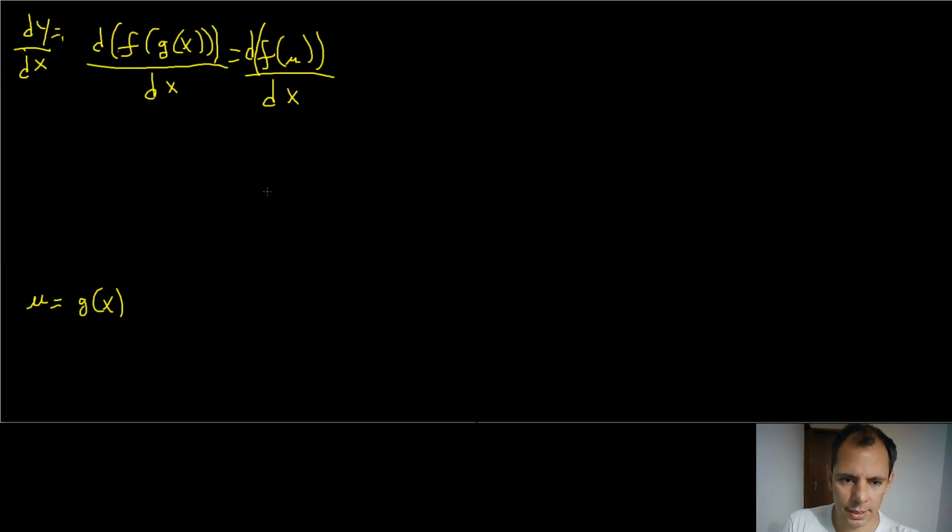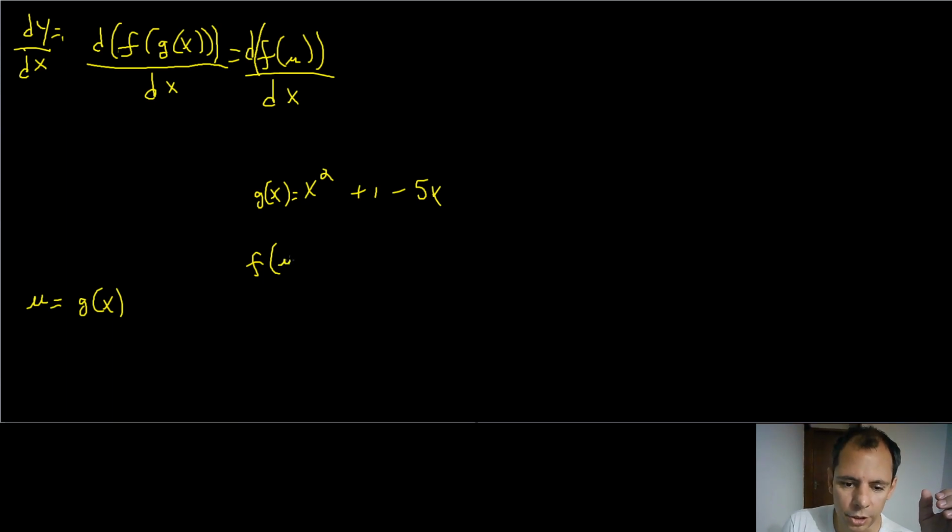For example, let's just say that g of x is x squared plus 1 minus 5x, whatever. You can see that g is a function in terms of x, because x is the independent variable and g of x is going to be the dependent variable, okay? Now, if you replace g of x with u in f, that means that f from now on is no longer going to be a function of x.